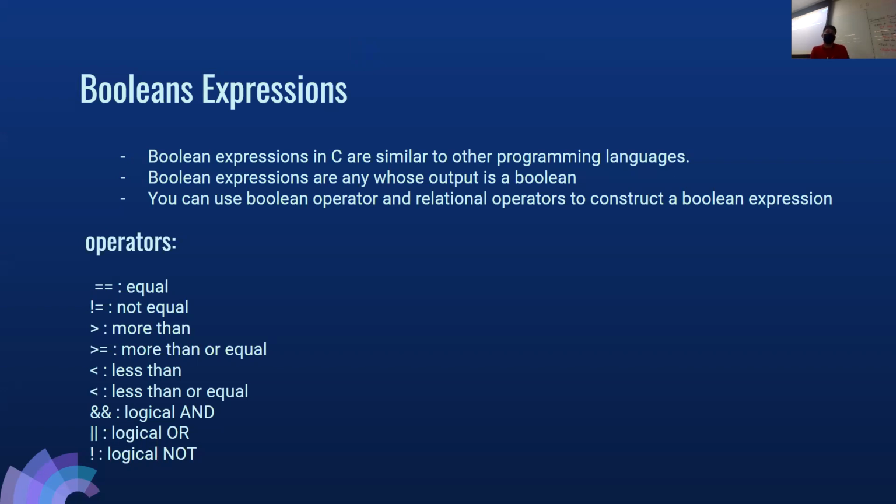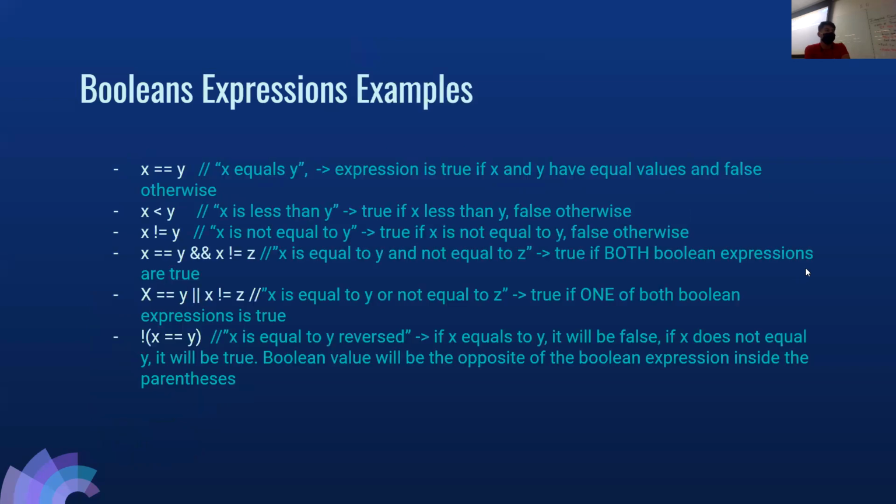If it's not equal to this value, I want the robot to do something else. That's the application for Robotathon. And this is just examples, right? So x equals y, the expression is true if x and y have equal values and false otherwise.